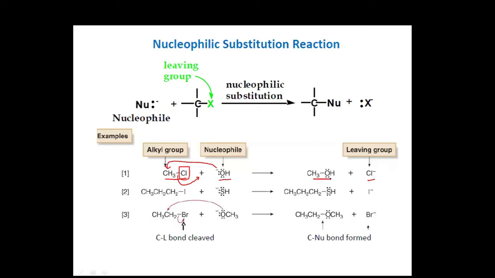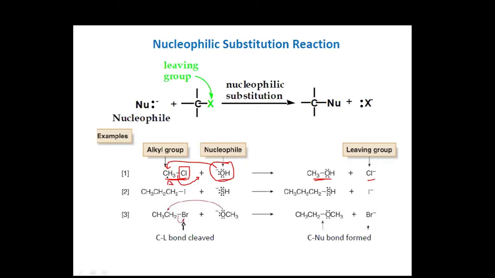The resultant product of the reaction of methyl chloride and OH minus is methanol, or methyl alcohol. That means conversion of alkyl halide to alcohol with the help of a nucleophile, here OH minus.